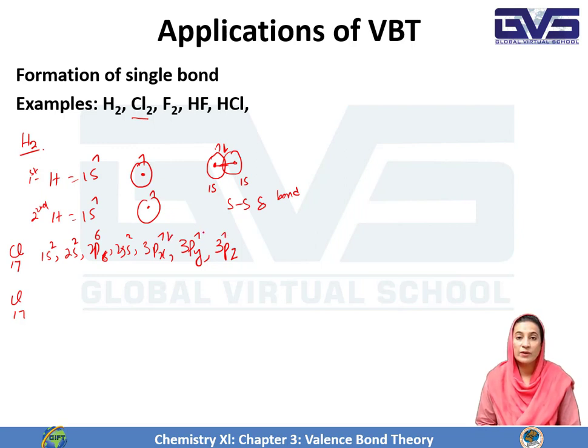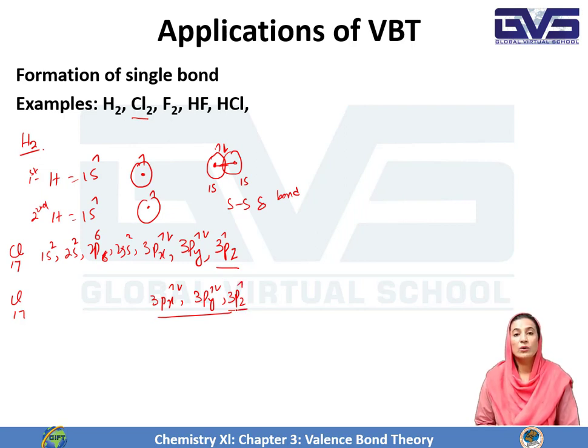So it has one partially filled atomic orbital, which means it will form a single bond. The other chlorine will also be like this. I am just writing the valence electrons, 3py and 3pz. This single electron can be in py; in that case, pz has a pair. So only one electron is available to form a bond.